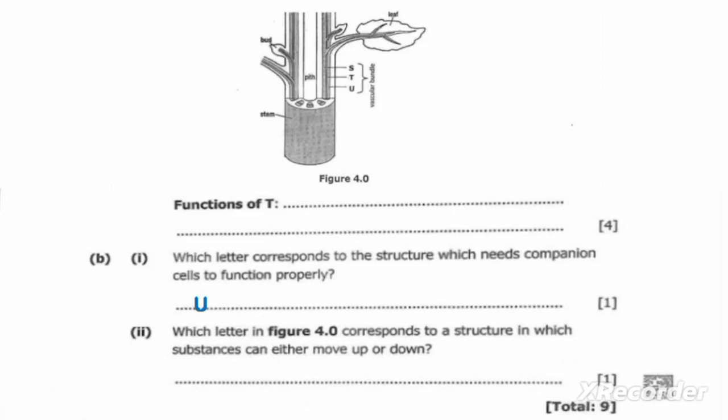So the phloem offers transport in two ways, downward and also upward. So even on this one, we are talking about phloem cell, and the letter that is representing phloem cell is U. Okay, so this brings us to the end of question 4.